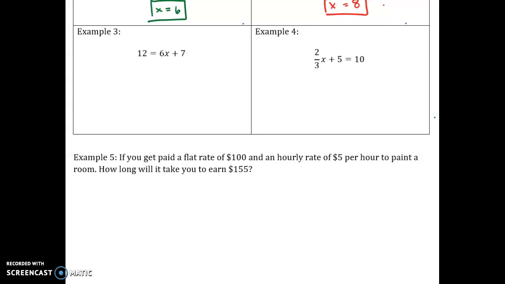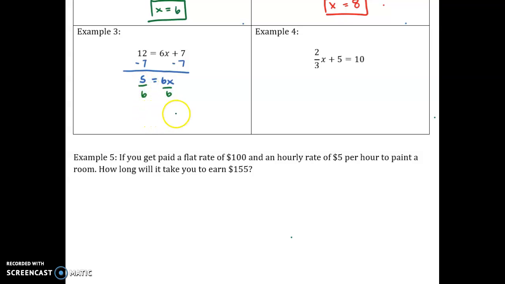For example 3 here, it looks a little different than the previous problems, but the process is the same. First you subtract 7. This time we're subtracting to the left. And we have 12 minus 7, which is 5. Then we have 6 times x equals 5. We will divide both sides by 6. Now don't get upset.